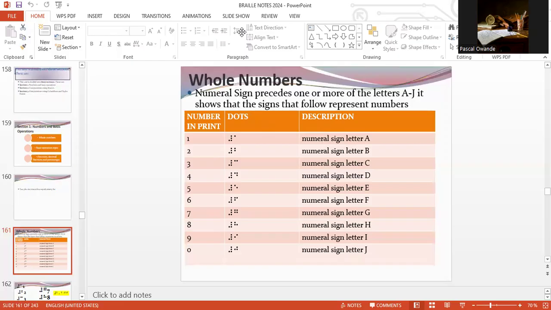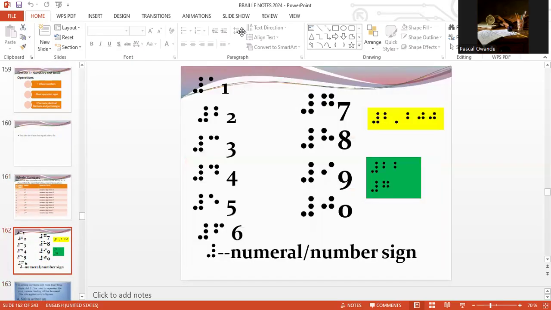For us to be able to write numbers, it is a rule and it's a must that in writing numbers, the numeral sign must come first before the number. Look at number 1: numeral sign dot 1. Number 2, numeral sign dots 1, 2. Number 3, numeral sign dots 1 and 4. Number 4, numeral sign dots 1, 4, 5.